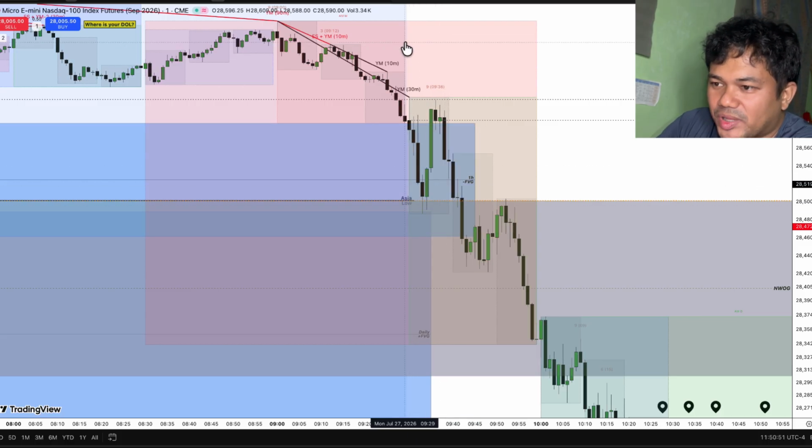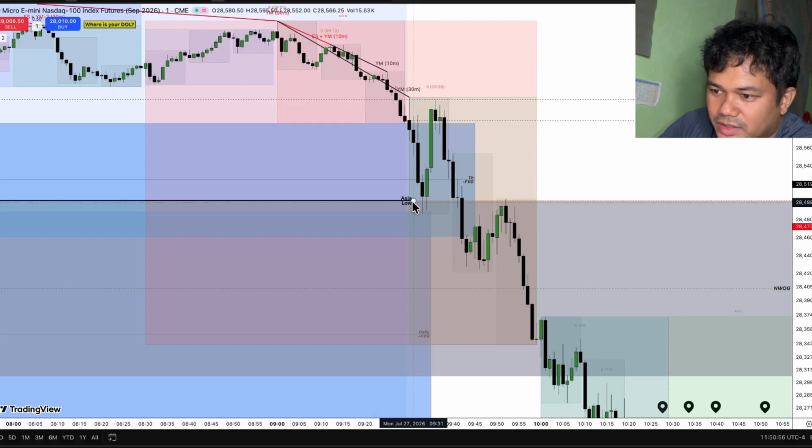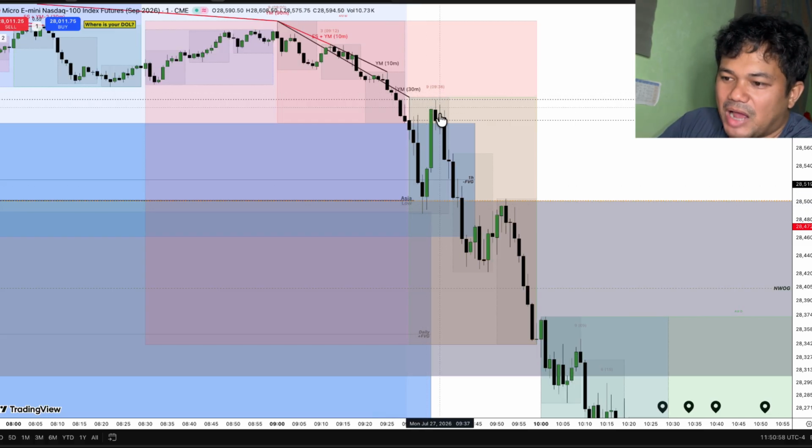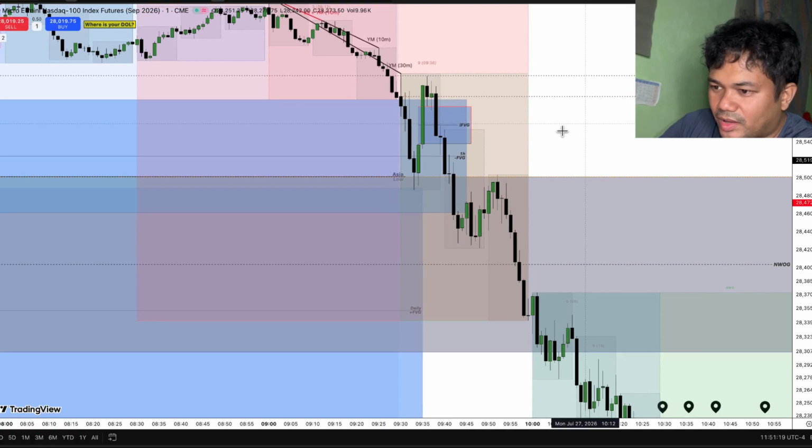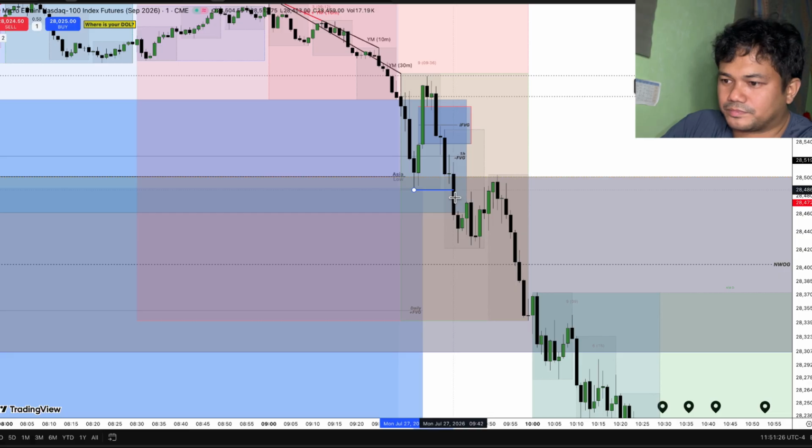So the market opened at 9:30, and then price just went down here, hit this Asia low, and then bounced up. Nag-pull back siya pataas. Hitting this 10-minute cycle, and then dropped lower, closing down, and then leaving this inverse fair value gap, and then price just continues to go lower, closing below this low. So we have already a structure break.